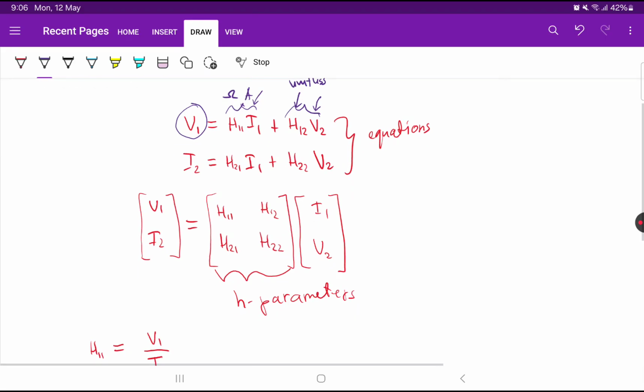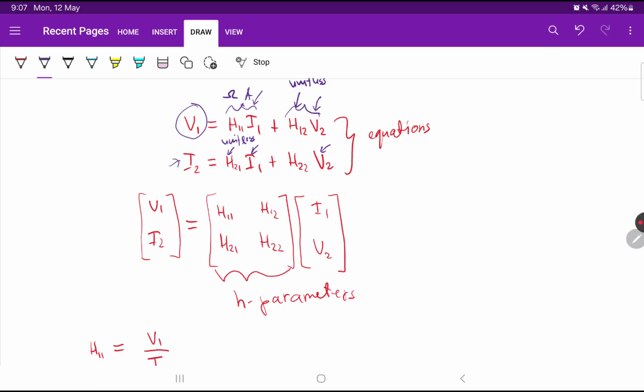In the second equation, this is a current equation. So the H21 term is already a current, so it must be unitless for it to be a current or ampere. While the other one is a voltage, volt.